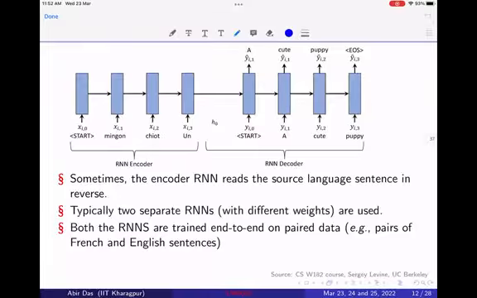Sometimes the encoder RNN reads the source language sentence in reverse. So this is the first, this is the second, and this is the third. The idea is that the first word in the target language, which is English here, may have more dependence or relevance to the first word in the source sentence, which is French.